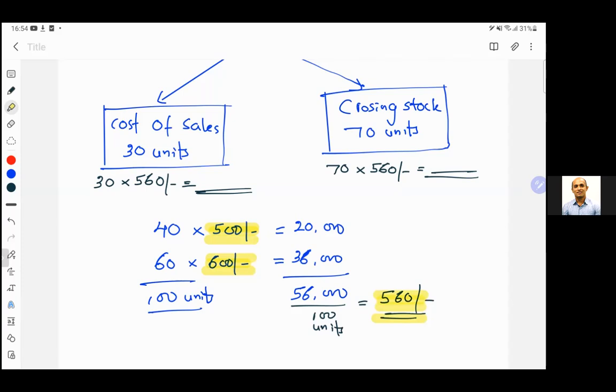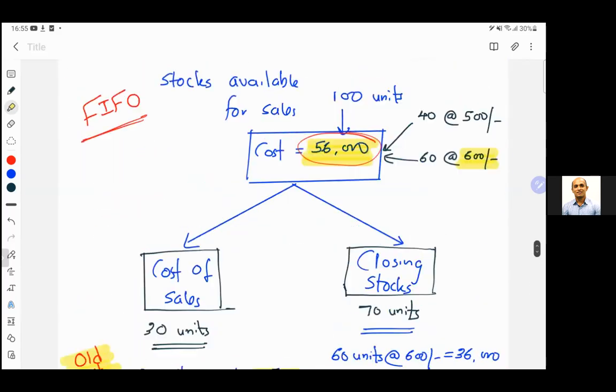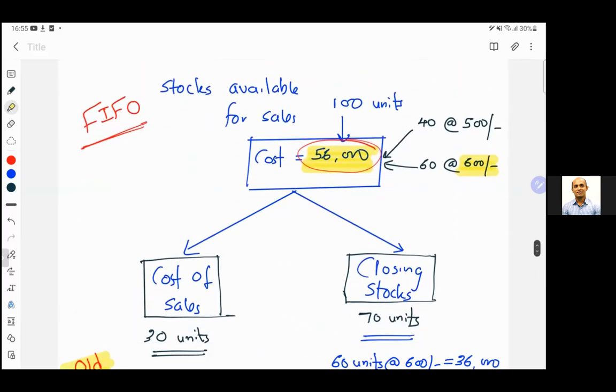So in both closing stock and cost of sales you find the average of the old price and the current price. Right. Now this is how these three costing methods are applied to find cost of sales and closing stock.